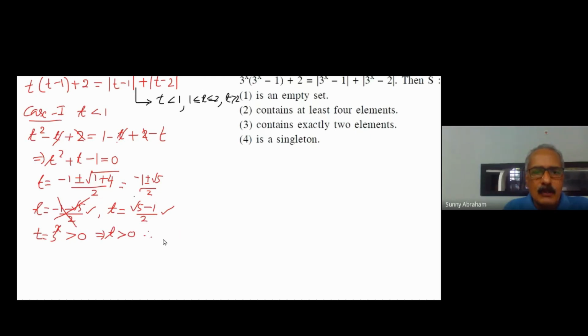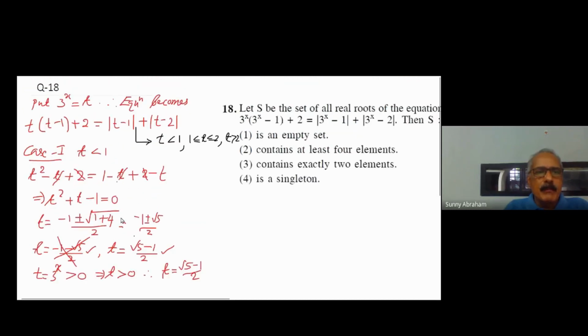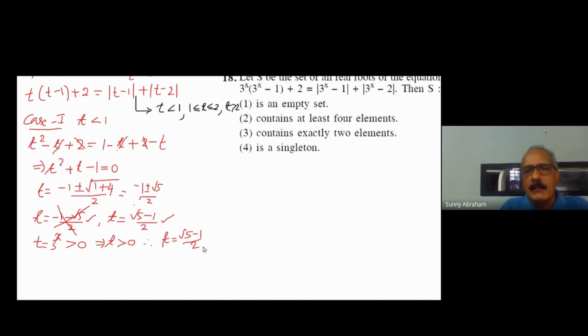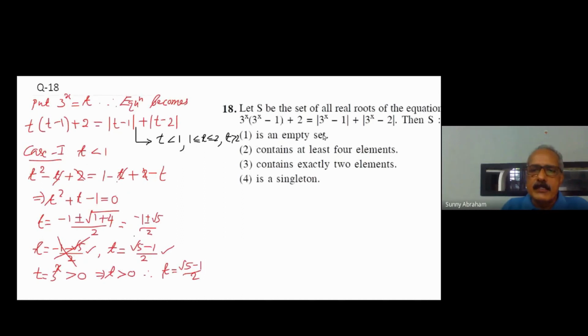Therefore, t has one and only one value in this case, that is (√5 − 1)/2. Therefore, definitely one element is there in the set, so the empty set is ruled out. We will go to the next case.